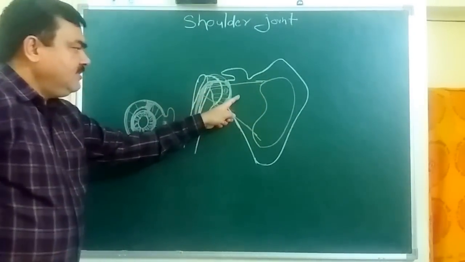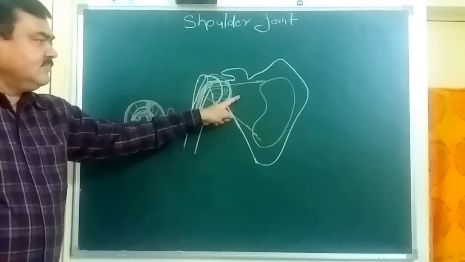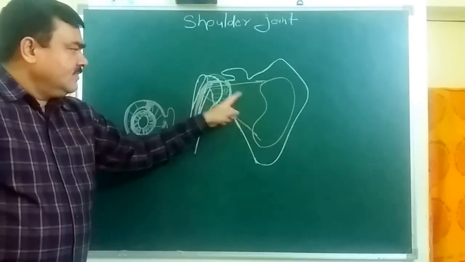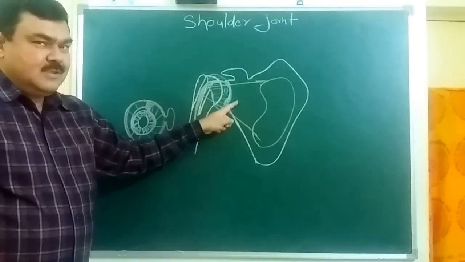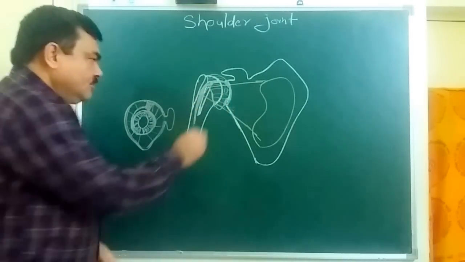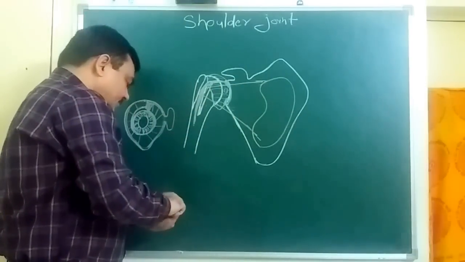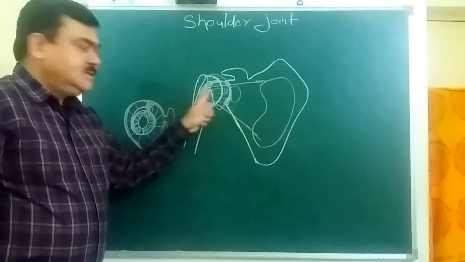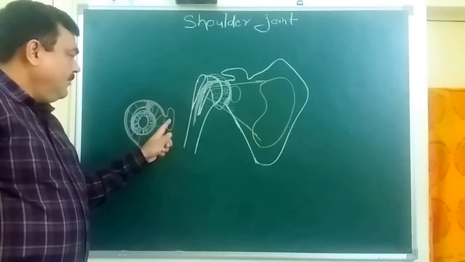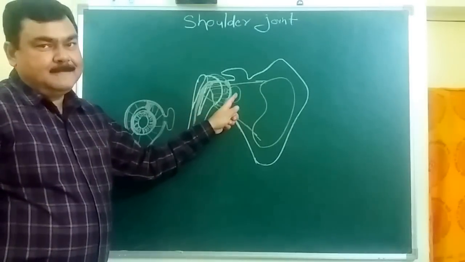So it communicates with this bursa. Deep to the subscapularis there is the subscapular bursa. So the position of the bursa is here, and through this opening, this synovial cavity communicates with the subscapular bursa.